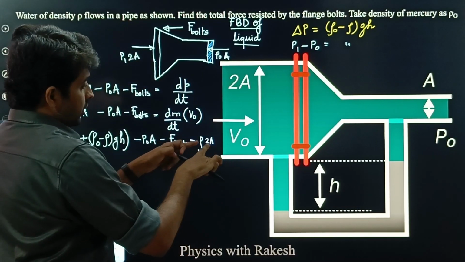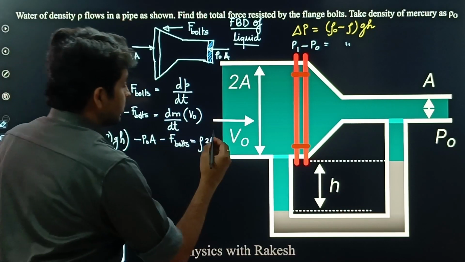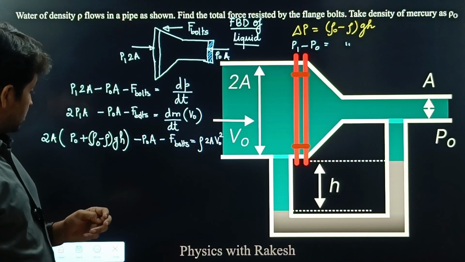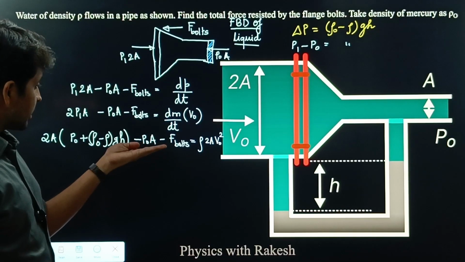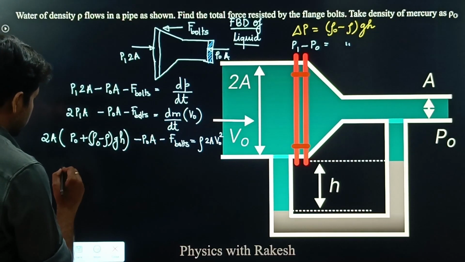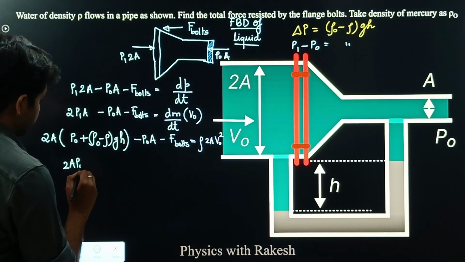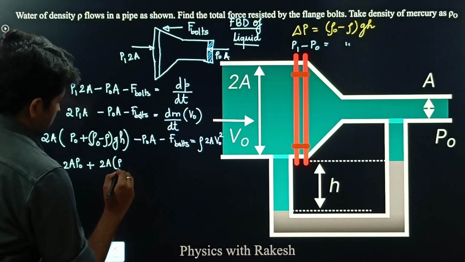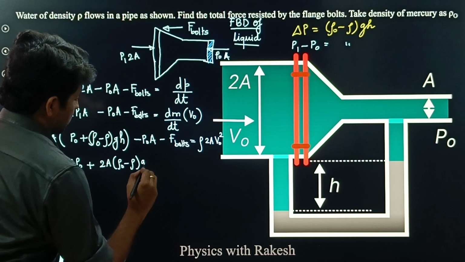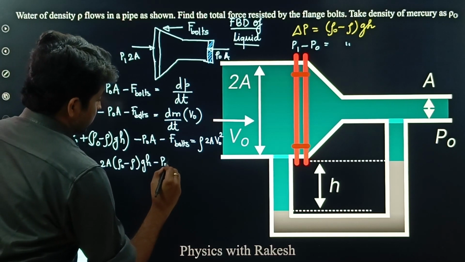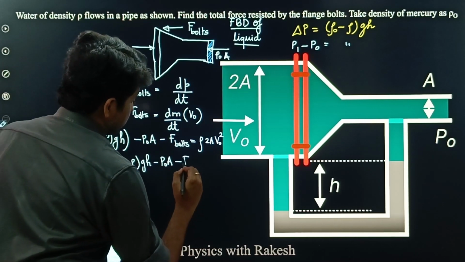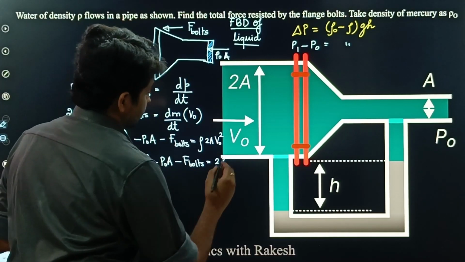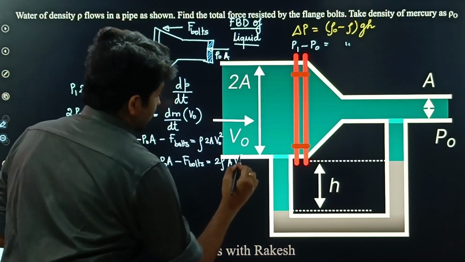Rho into area into velocity is rho into 2A into v0, times v0, so v0 square. That's it. So we can simplify this and get F bolt: 2A P naught plus rho naught minus rho g h minus P naught A minus F bolts equals 2 rho A v0 square.